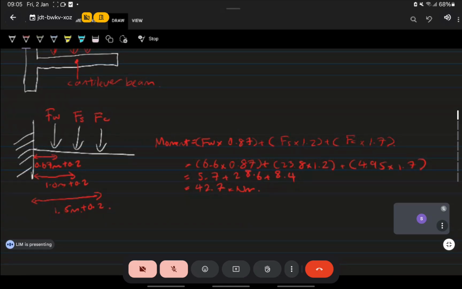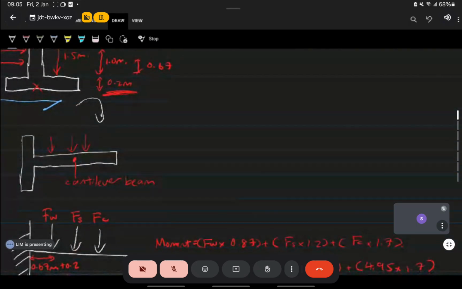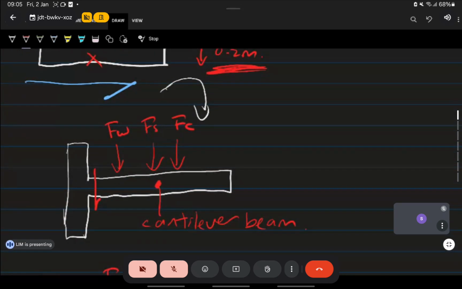Okay, that's moment. Now, you also have shear. As you told me, this is actually a cantilevering beam. FW, FS, and FC are causing shear there at the support, because all these forces have to get transferred into the column as shear.